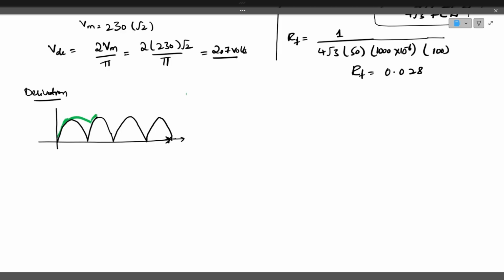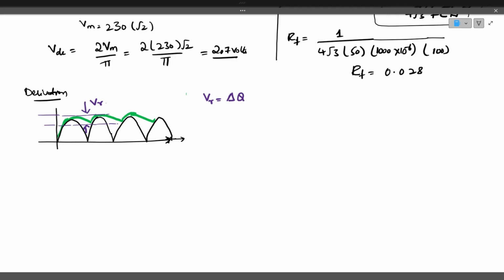Again charges, discharges, charges and discharges. This is the charging and discharging cycle of the capacitor. So if you consider this, this particular portion is nothing but the ripple voltage VR. The ripple voltage VR is given with the change in the charge of the capacitor.